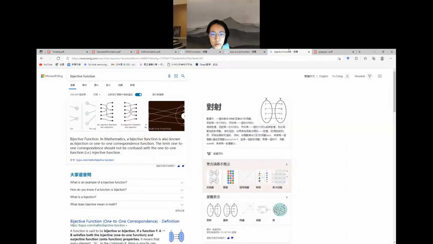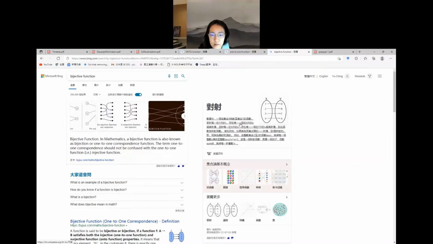We also have a very special or very restrictive function. This one is called bijective. And you might be familiar with the Chinese translation of that. But in English, it's called one-to-one correspondence. 除了 one-to-one 之外，它后面还有一个形容它的名词叫做 correspondence. So the full name of this function is one-to-one correspondence. So you see that this is quite restrictive.